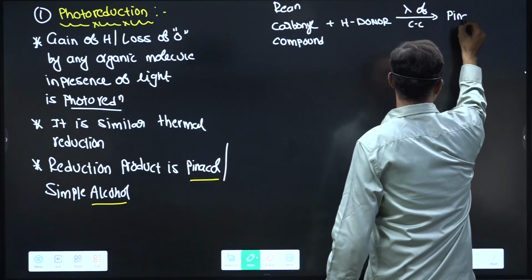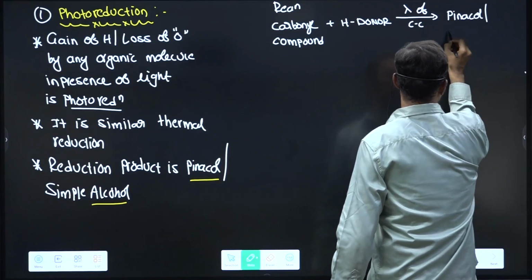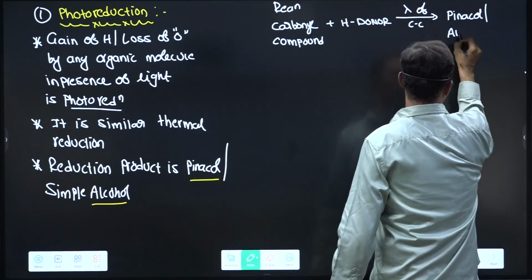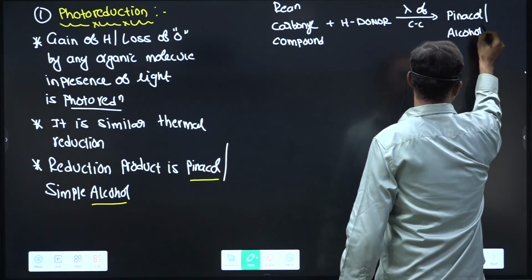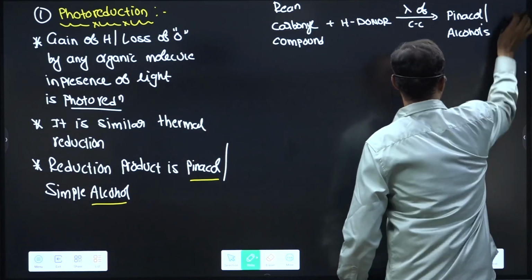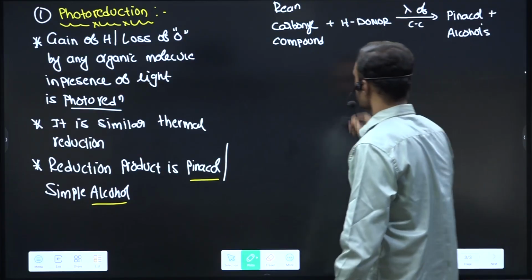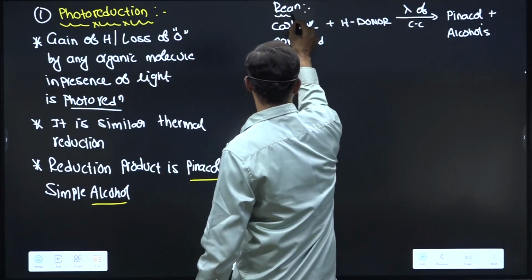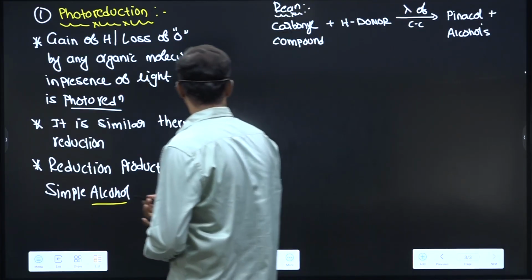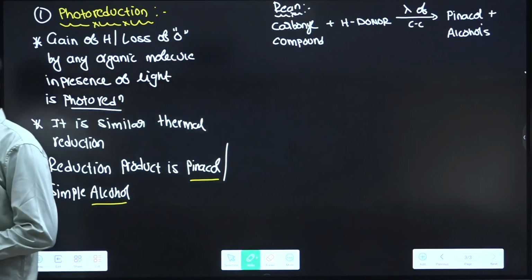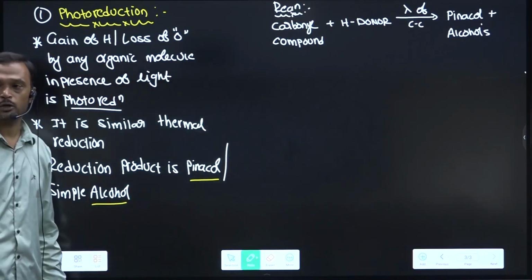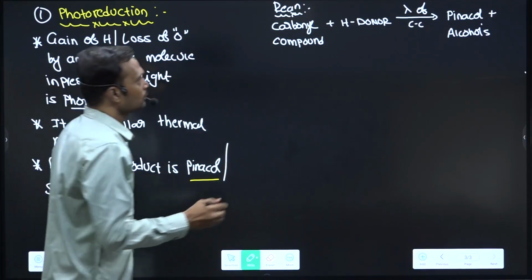You will get either pinacol or alcohol. Two products are possible. Even if you write pinacol plus alcohols also, nothing will happen. This is the actual reaction. Carbonyl compound reacts with hydrogen donor. Without hydrogen donor, this reaction is not possible. Okay?